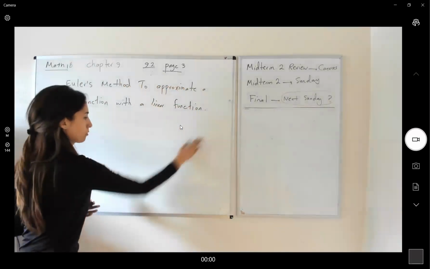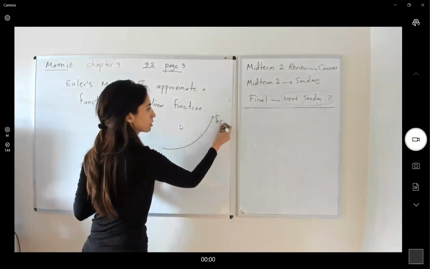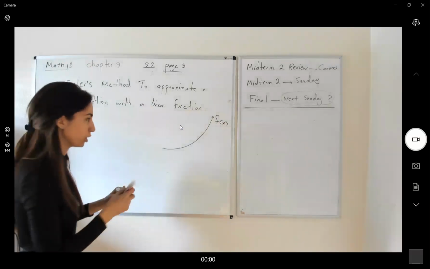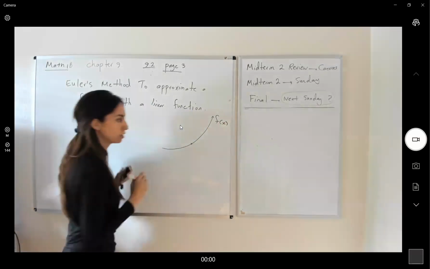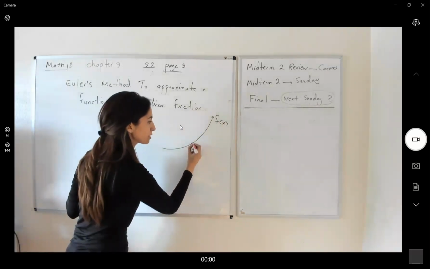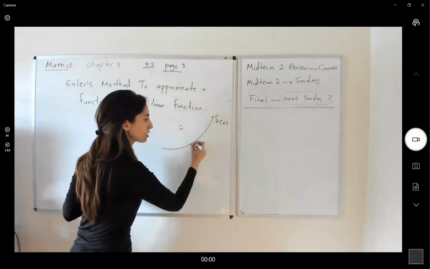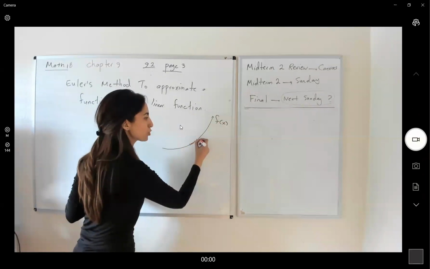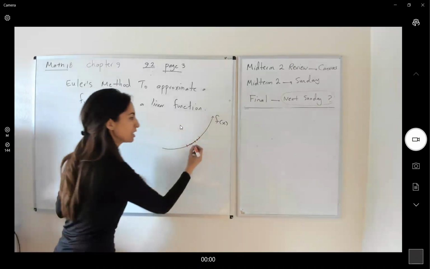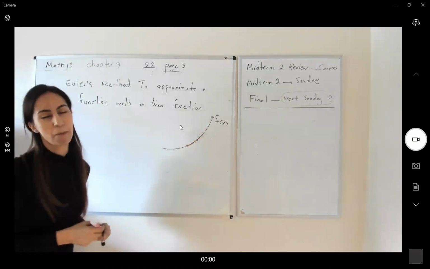So, for example, consider this curve of function f. Then at each point, you can approximate this function with a line segment. This is just a small line. You take these lines and connect them together, and eventually you have a curve. So we can approximate each line segment using Euler's method.